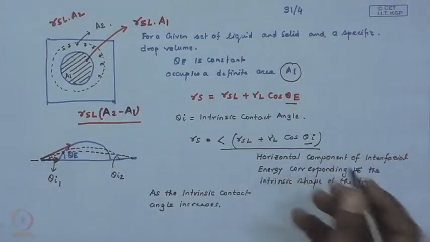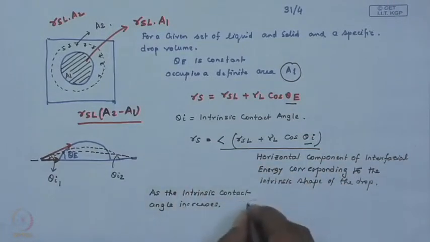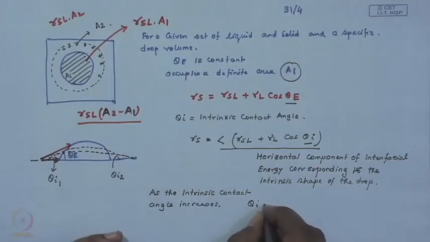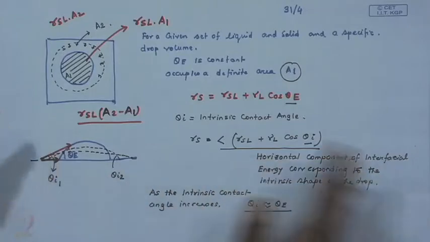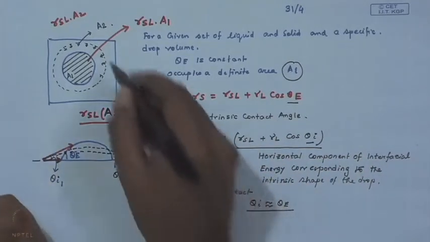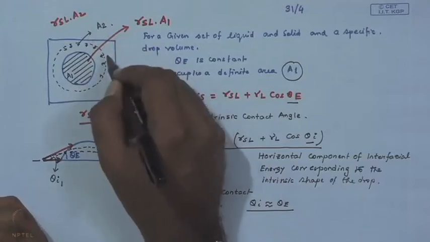When the retracting contact angle theta I matches the equilibrium contact angle, the dynamics of the retraction stops, because then these two sides become equal and concurrently A2 also becomes equal to A1.